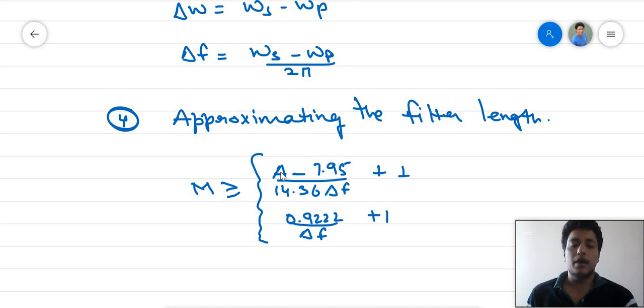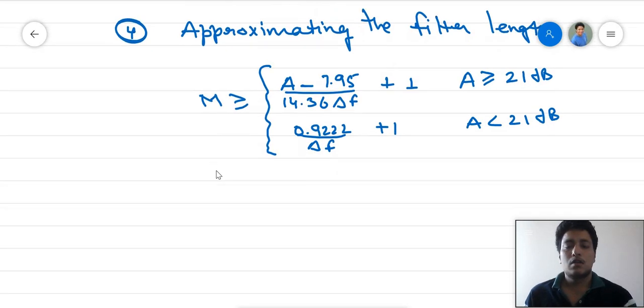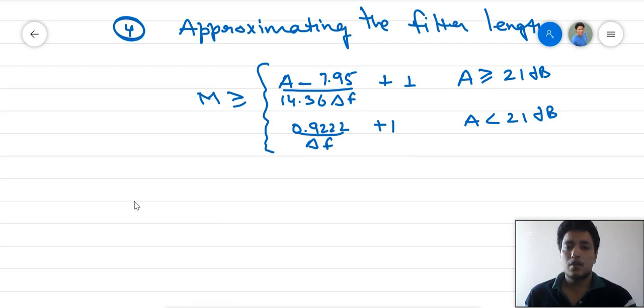Previously we have written A as minus 20 log base 10 delta, that is attenuation in stop band. Here we are directly using the term A over 14.36 delta f plus 1, valid only for A greater than or equal to 21 dB, and in this case A is less than 21 dB. This is approximating the filter length.